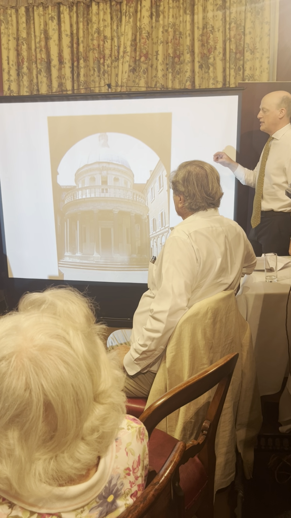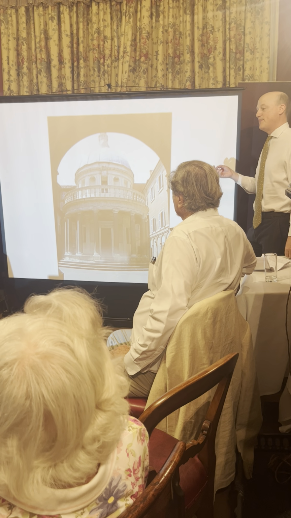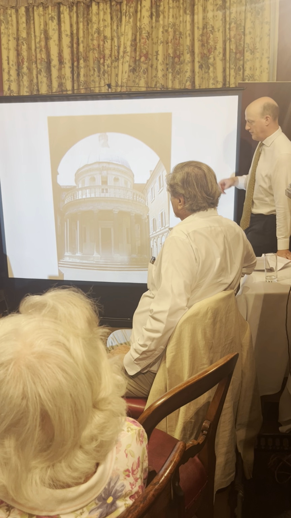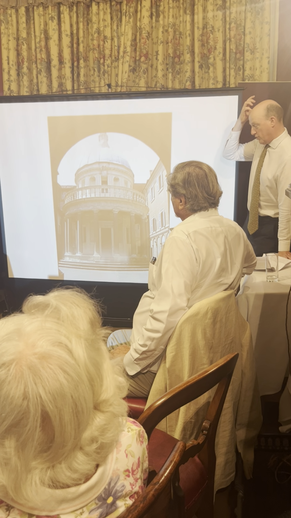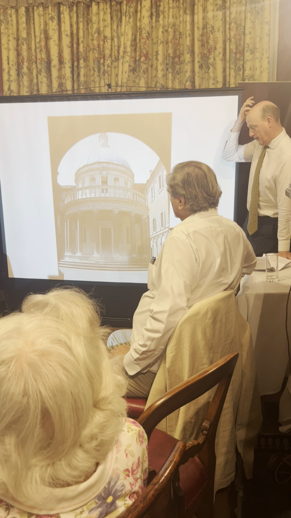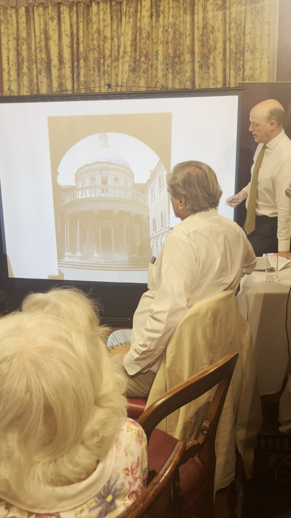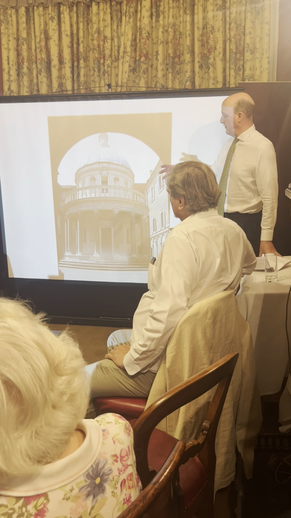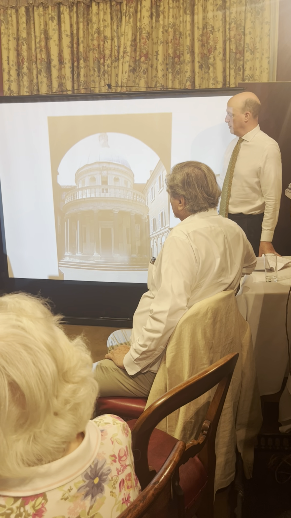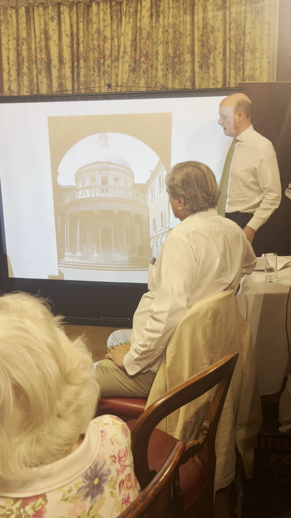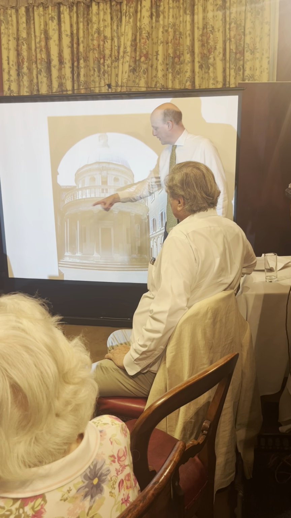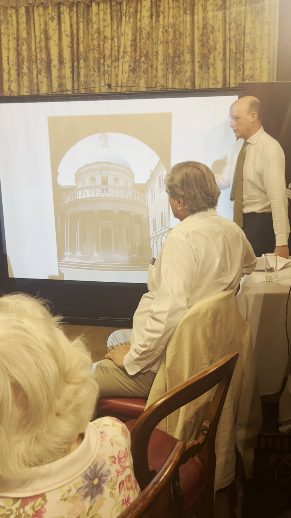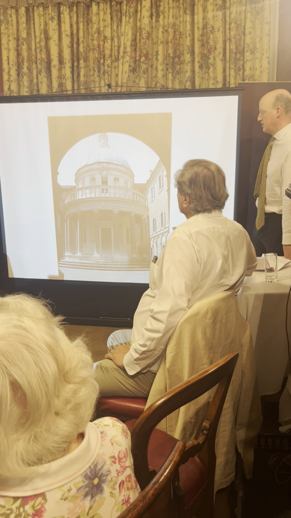A lovely tiny temple, in fact its Italian is tempietto, meaning little temple, and it's in the courtyard of the church of San Pietro in Montorio on the Janiculum in Rome, done by Bramante in 1500, and he's the first to come up with this extraordinarily beautiful idea, which we take for granted now, but a round colonnade with a smaller round dome building in the middle of it, which will inspire some of the greatest buildings in history.